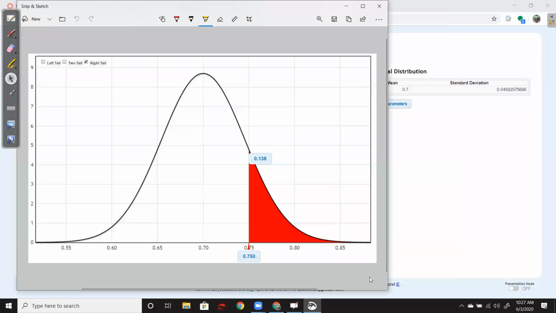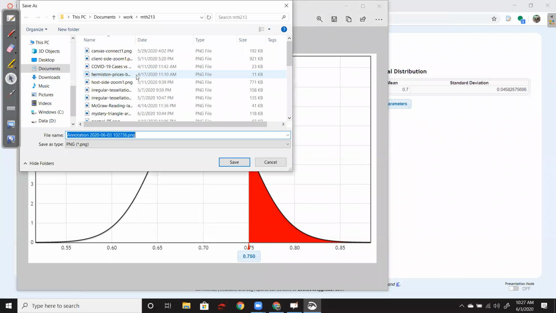And then if I want to use this somewhere like Canvas or the homework system that we're using, then I would have to save it somewhere, give it a name I'll remember, and then I can upload the saved picture. So this is cats hypothesis test.